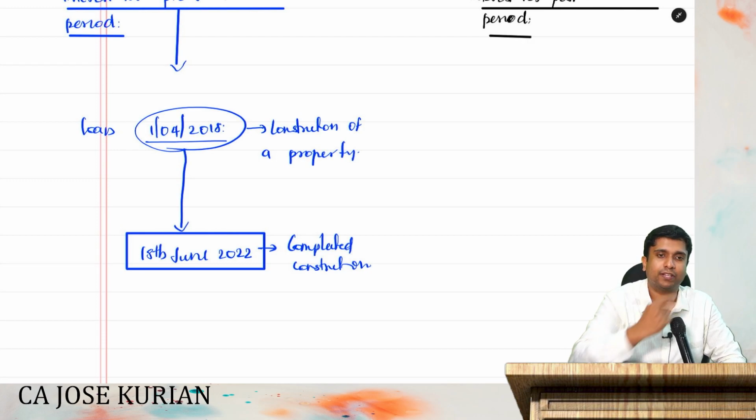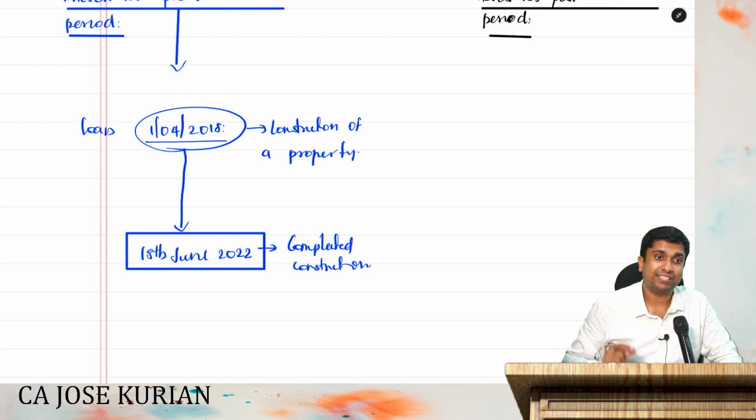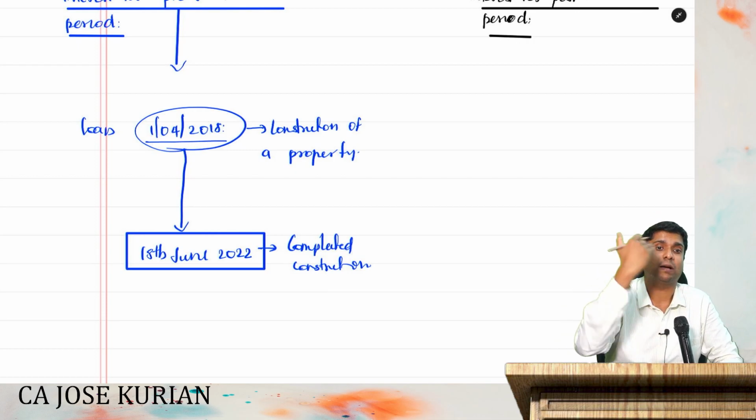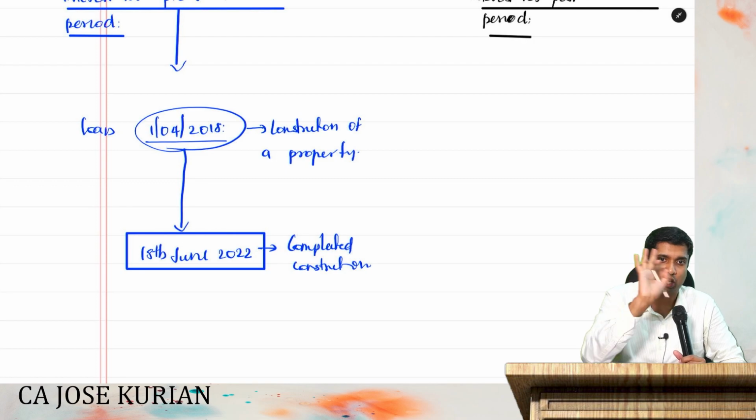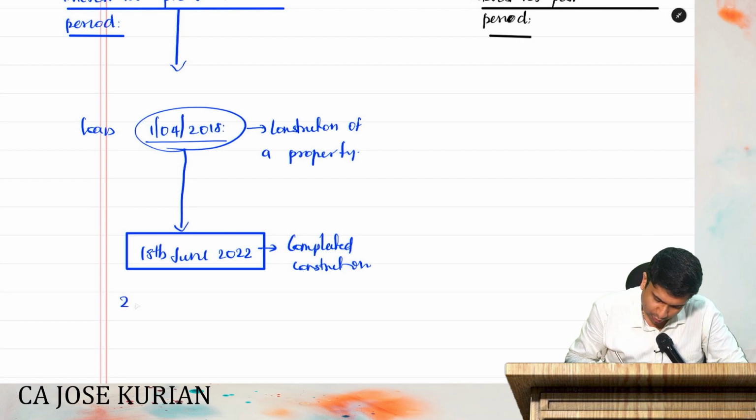Which is the year of completion? In which financial year did the property's construction get completed? 22-23. Without any doubt, we can say 22-23, your property's construction got completed. Yes or no?